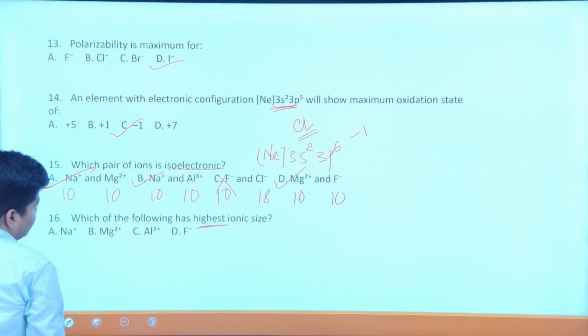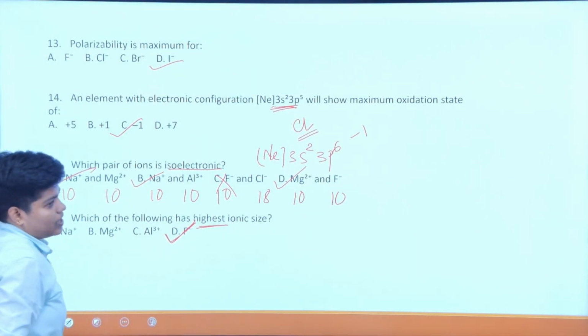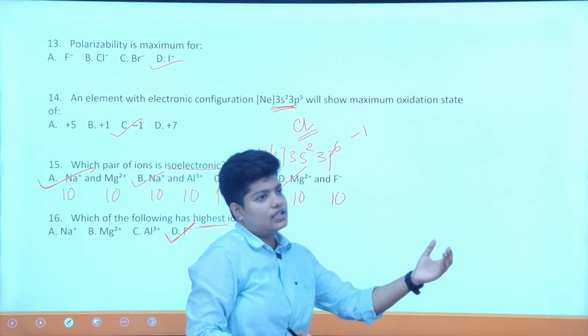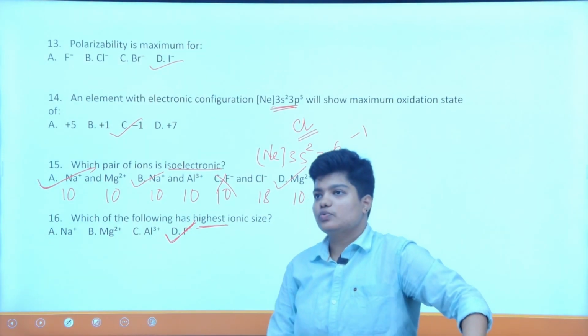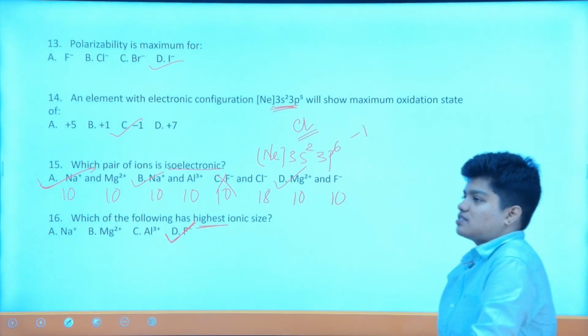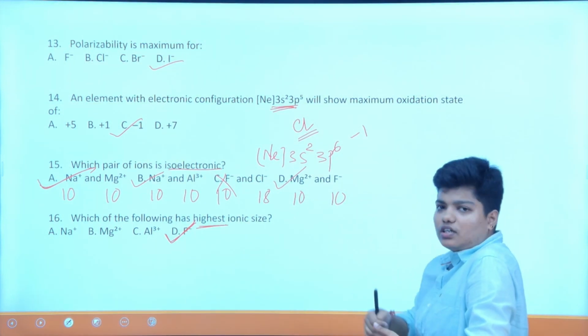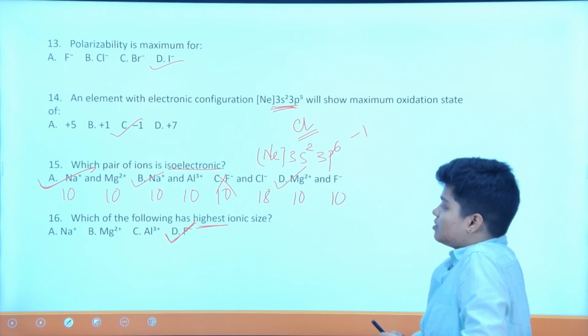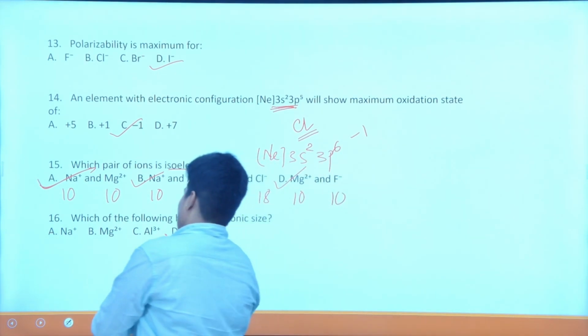If you acquire a minus charge, it will have the highest ionic size, because a minus charge means it has accepted one electron in the outermost shell, so there will be repulsion, because fluorine is small in size. It is in the second period, so if it acquires one electron, there will be repulsion between electrons, and this will give a new ionic size. So the ionic size will be more in the case of fluorine.